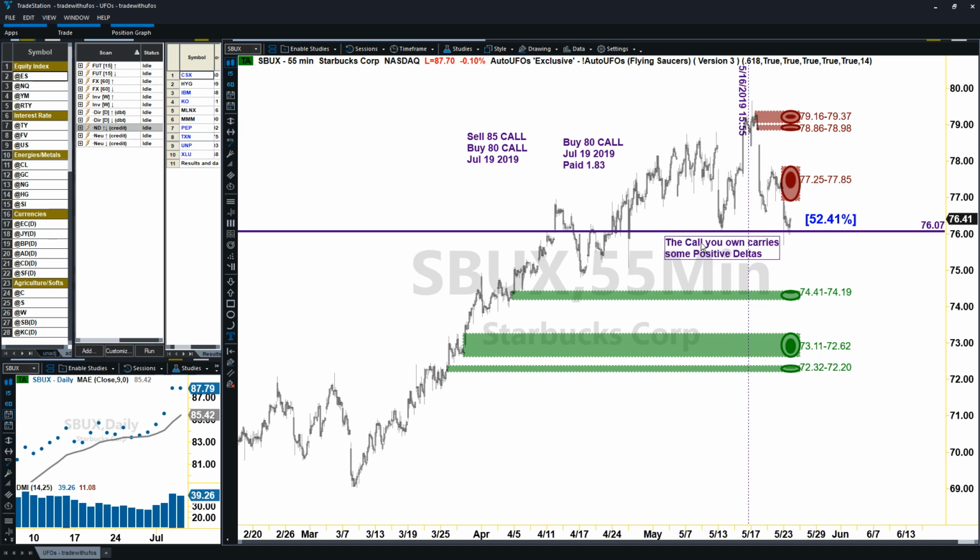Why? Because you have positive deltas. Remember, positive deltas is like being long. We learned last weekend that plus one delta is the same as long one share. That's what plus one delta means. So because you have positive deltas on the call you own, you are long X amount of shares. So if the stock keeps falling and falling, you will keep losing, right?